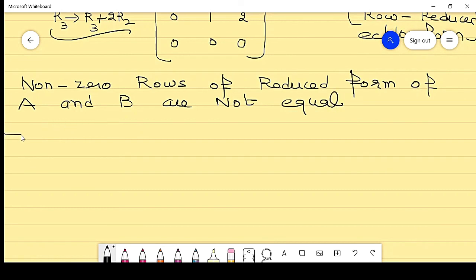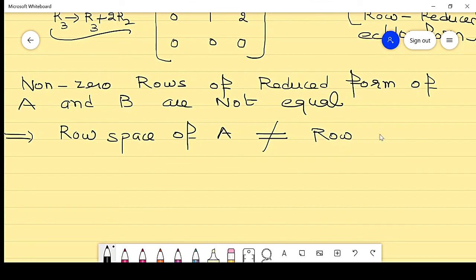It means the row space of A is not equal to the row space of B. So remember, row space of A is not equal to row space of B. In this way, we can find whether the row space of any two matrices is the same.